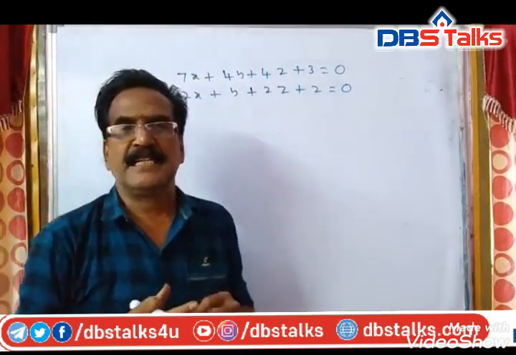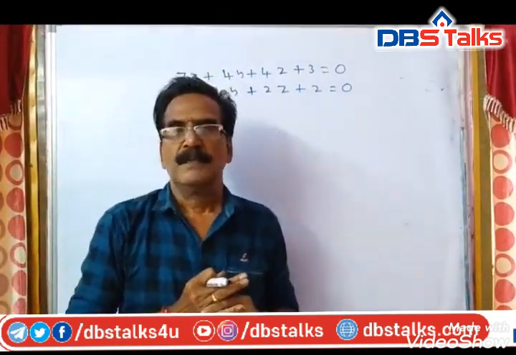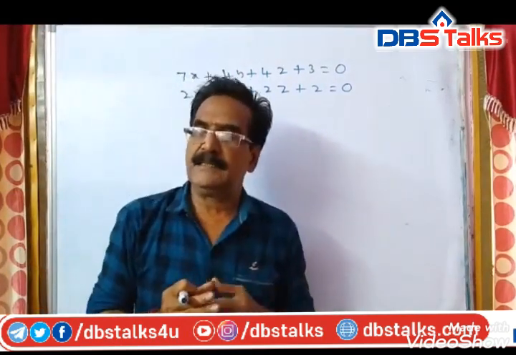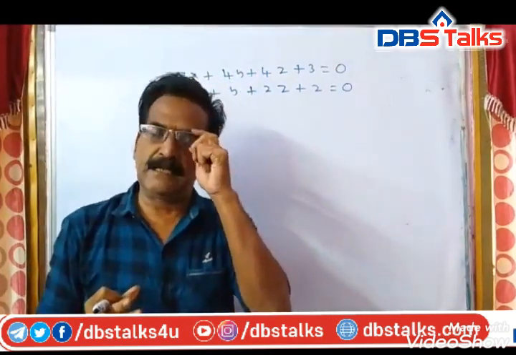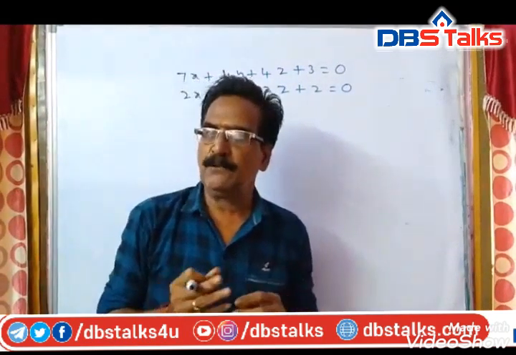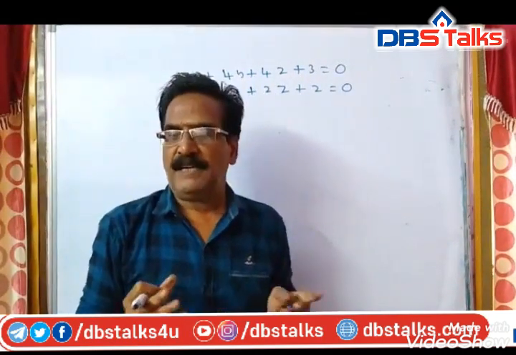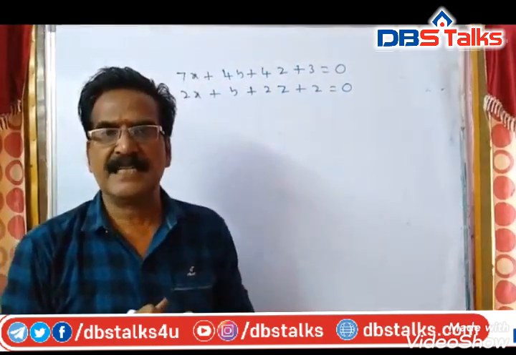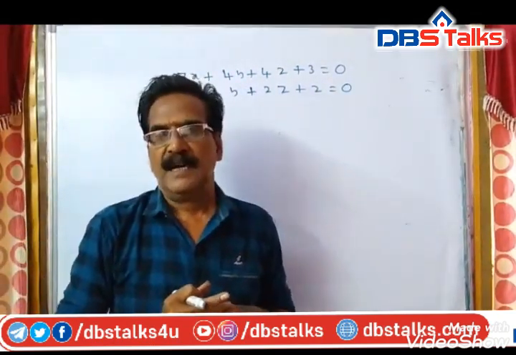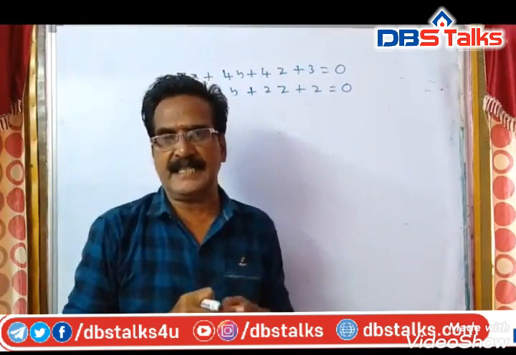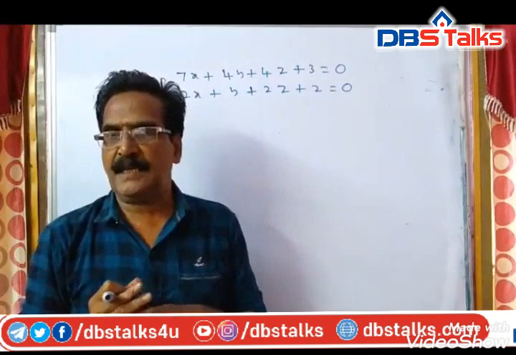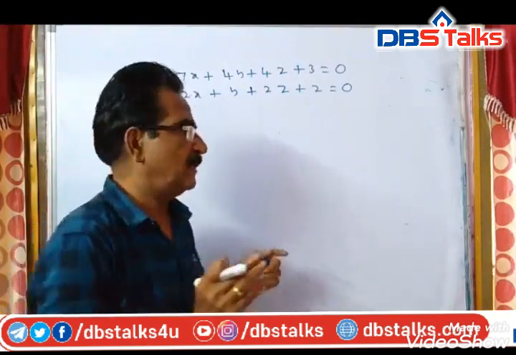That is what we know. Friends, here we get 2 bisectors. One is the acute angle bisector and the other is the obtuse angle bisector.